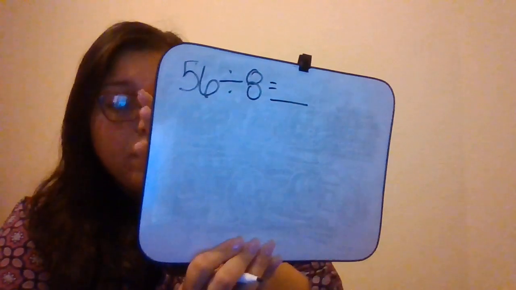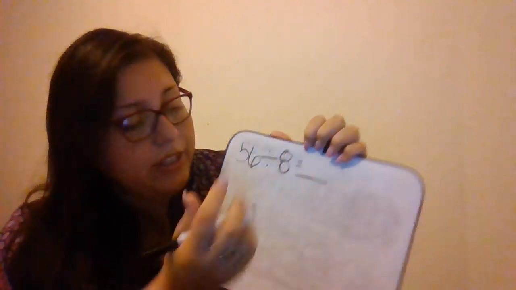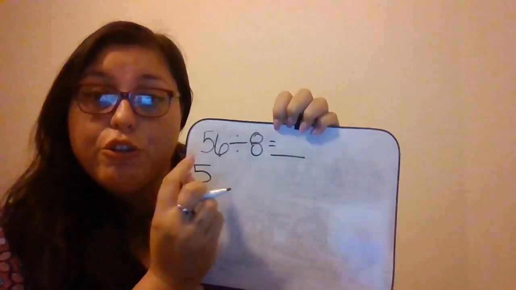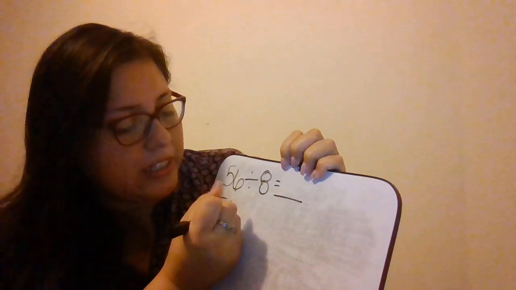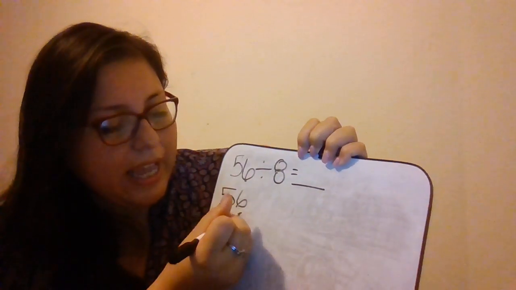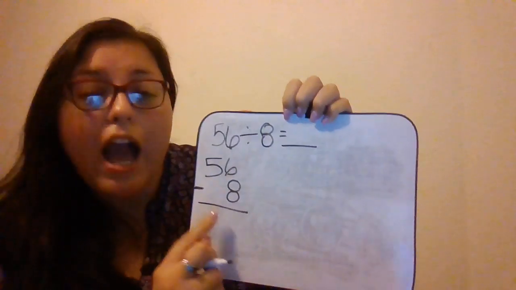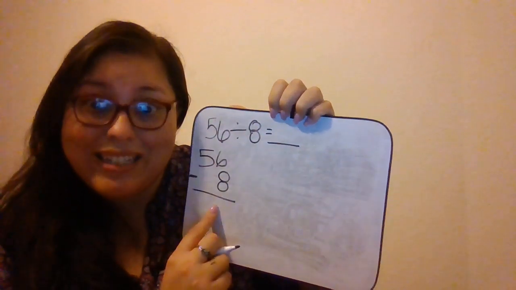So we do 56 divided by 8. First you start off with the big number, 56, and you put minus 8. I'm going to subtract 8.